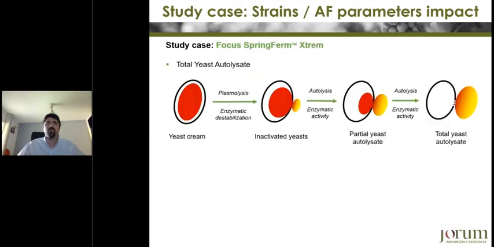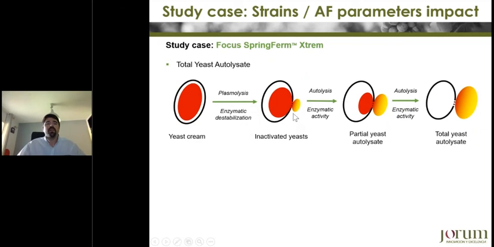Just to make a small focus on Springferm Extreme: what is Springferm Extreme? It is what we call a total yeast autolysate. Briefly and simply, you take yeast cream, an active yeast, and you kill it by a heat treatment. This heat treatment destabilizes the enzymes. You make an inactivated yeast.